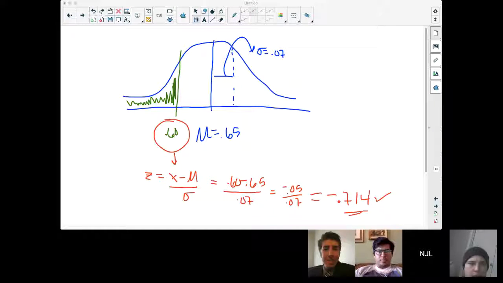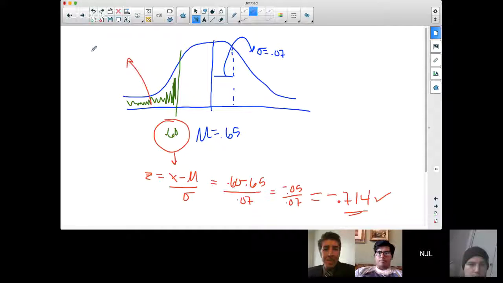That's coming at 0.2376. That's what I got. Me too. So round it to 3 decimals, you get what? 0.238. Okay, so basically what it's telling me is, if I change it into percentage, 23.8% of people have a protein level of 0.60 or less.